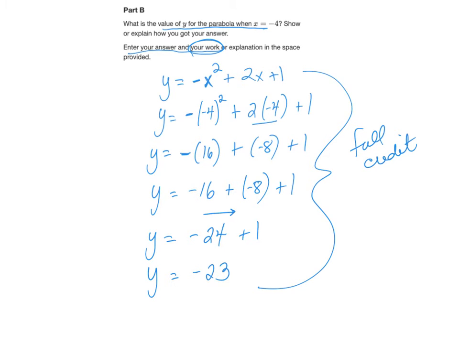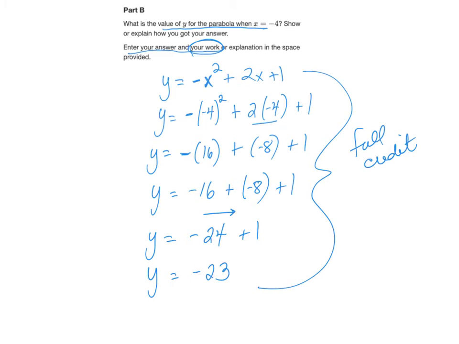Now it also says "or explanation." What's the difference between explanation and your work is that you would have to write a sentence for each step. So your first sentence would be, I substituted -4 in for the x squared and the x.